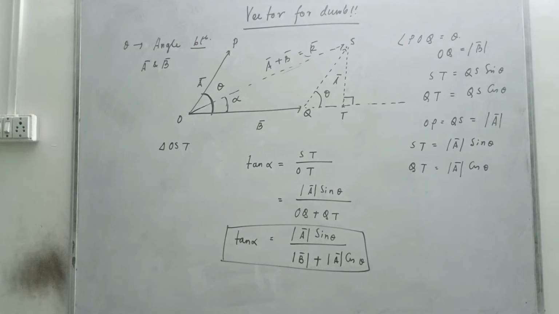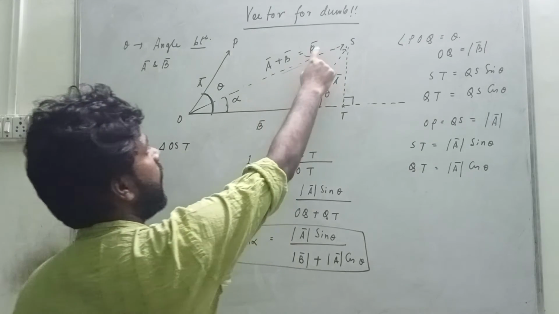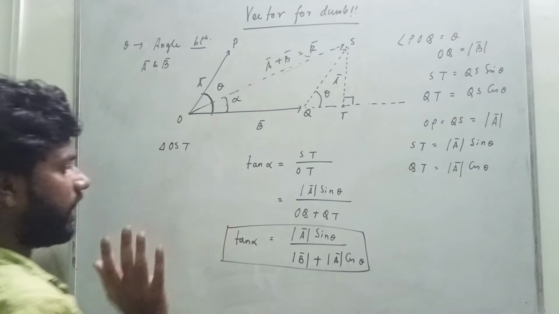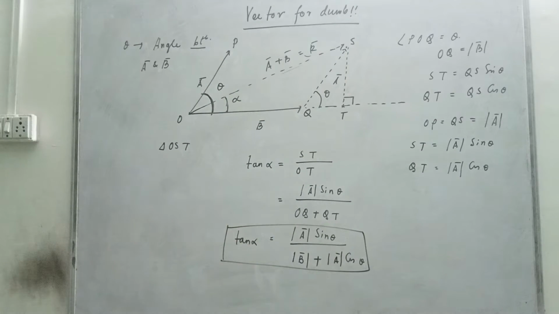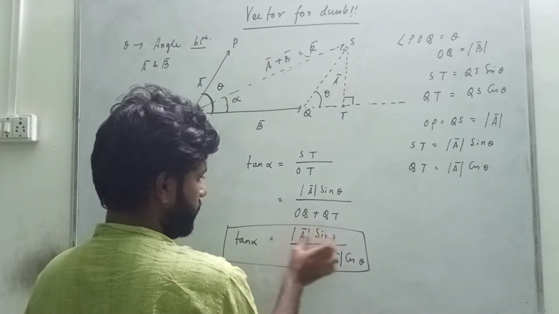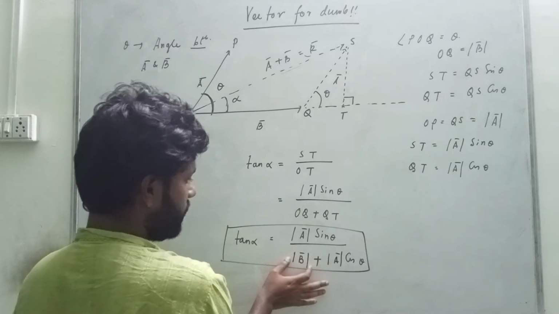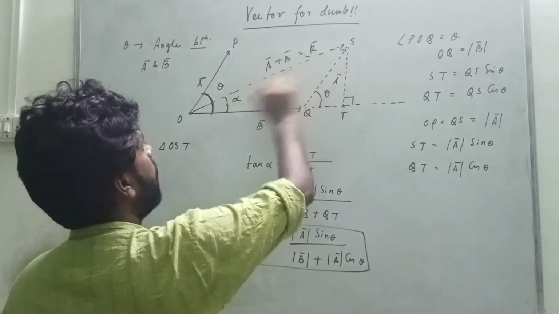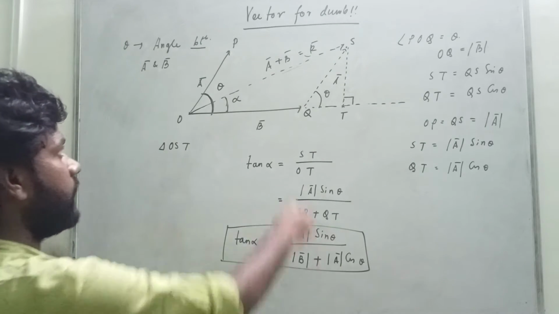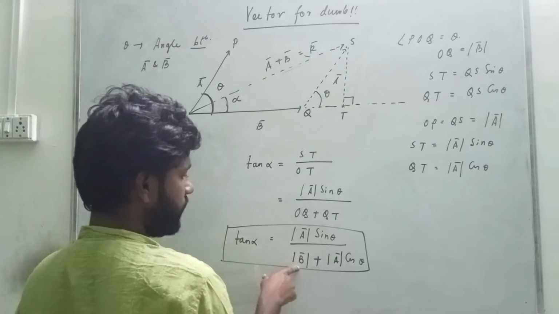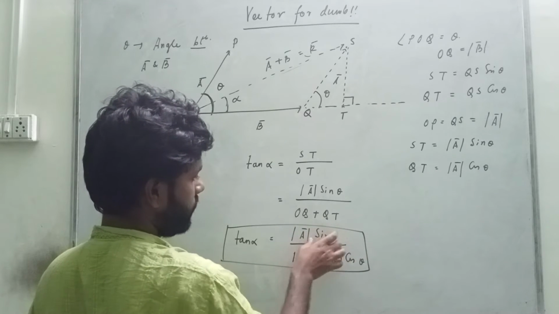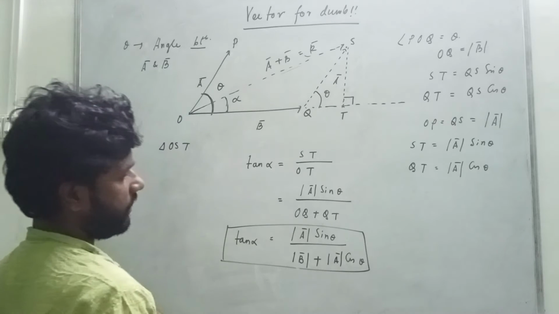I want to calculate the angle between R and B here. I did not want to calculate the angle with A. So here is the formula. B is null. Whichever I want to calculate the angle with A plus B, this is null, and another vector goes with sin theta and cos theta here.